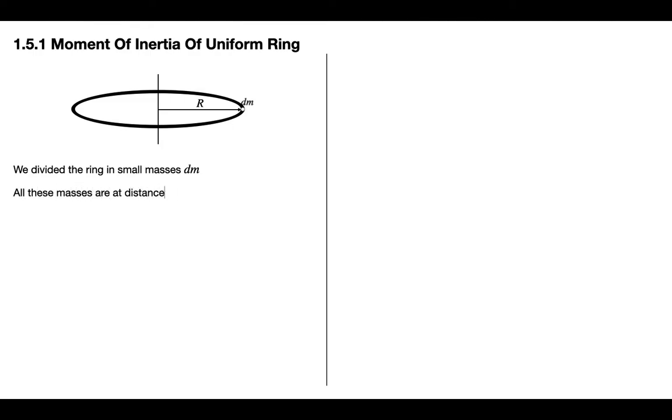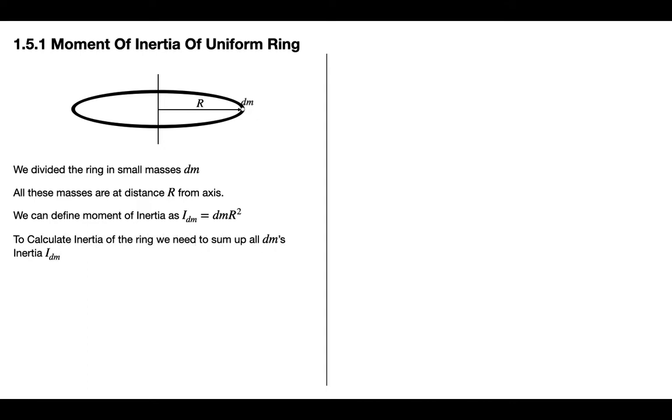So we can define the moment of inertia of one particular small mass dm as dI equal to dm, its mass, into r square.